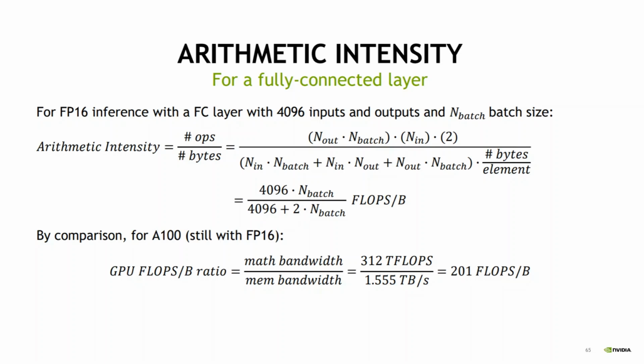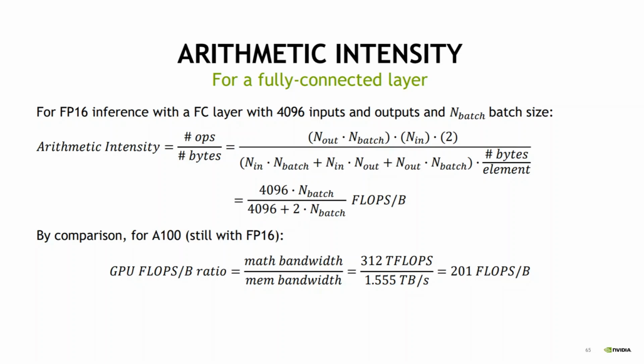This will be the number of inputs multiplied by batch size, which is the number of reads we have to do to read the input data from GPU memory, plus the number of inputs multiplied by the number of outputs, which is the number of read operations we have to do to read the weights of our fully connected layer, plus the number of outputs multiplied by batch size.